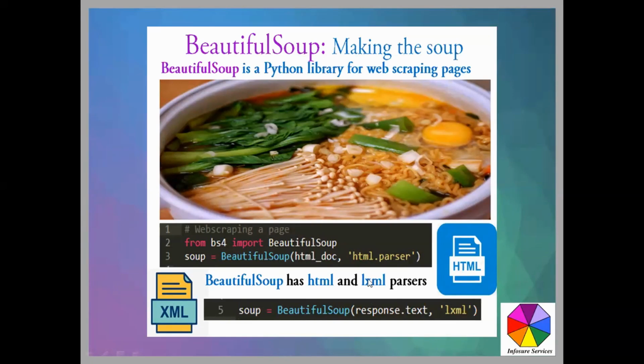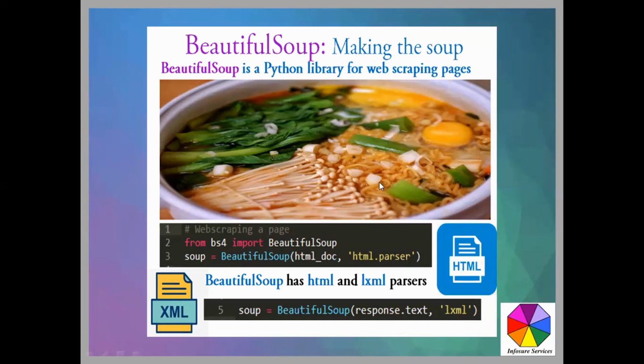Parsers allow you to read the code, and we'll use Beautiful Soup's HTML and lxml parsers. If you're using an XML parser, you go with that. You then pass the response's HTML doc with the html.parser, and the entire data comes to this soup variable. So basically this is a ramen soup.